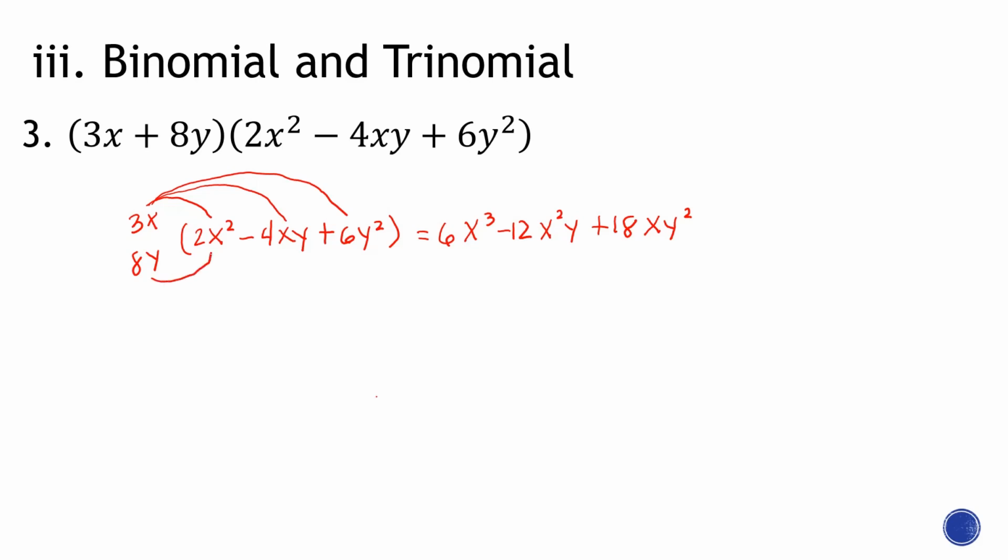Next, 8y times 2x. So 8 times 2 is 16. And I'm going to put that here, okay? Because later on, I will combine that. That's the reason why I set up the problem like that: I want to be organized, and later on, it's easier for me to locate the terms that we can combine.